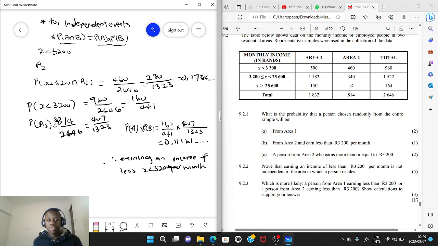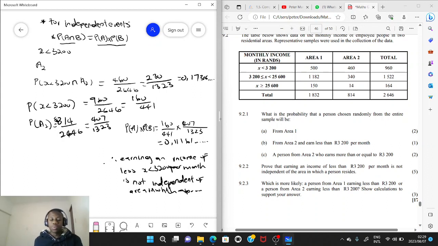But because these two values differ, we say it is not independent of the area in which a person resides.